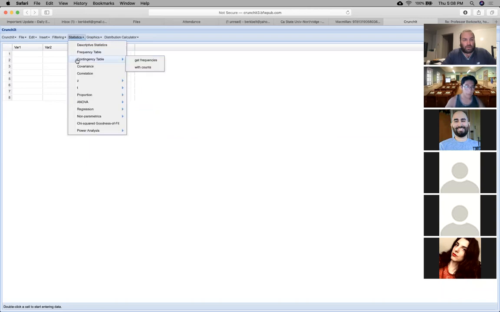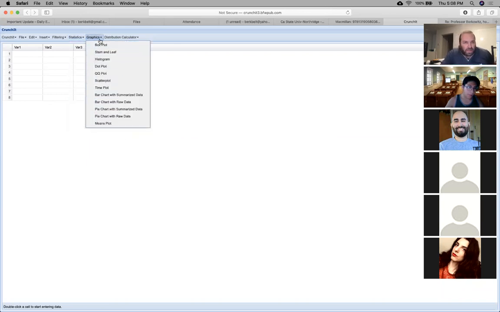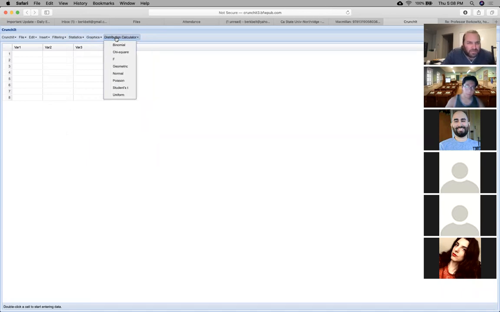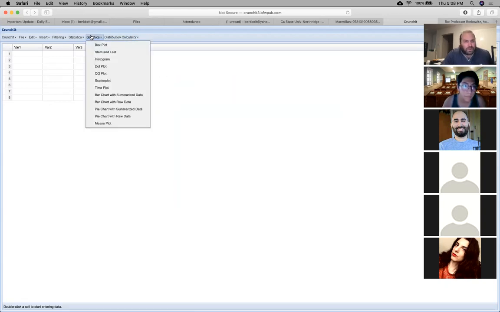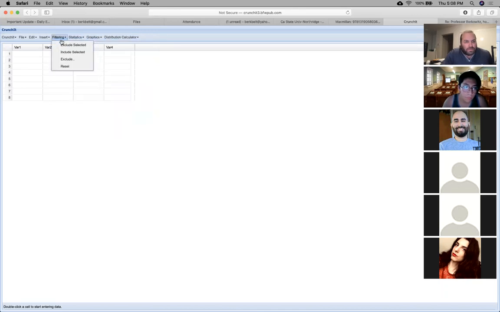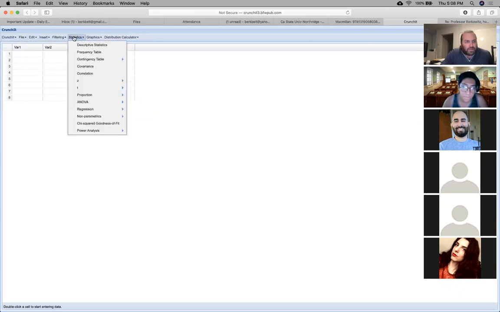Maybe. Anyone ever see any confidence intervals on Crunch It? No. Come on, Crunch It. You're better than this. Where are your confidence intervals?